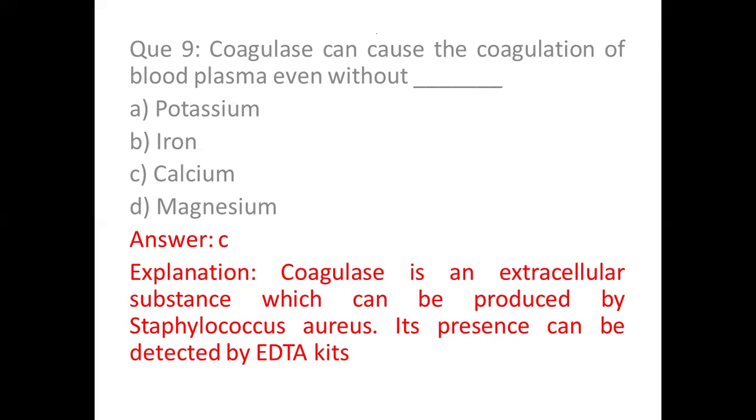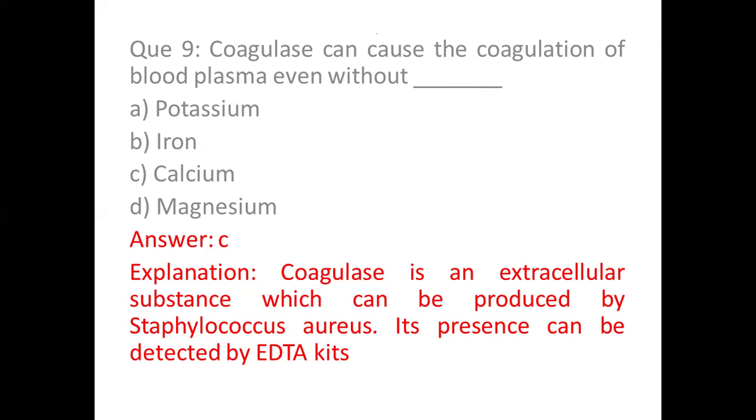What is the full form of EDTA? It is ethylenediaminetetraacetic acid. And what is it actually? EDTA is a polyprotic acid. It contains 4 carboxylic acid groups and 2 amine groups with lone pair electrons that chelate calcium and several other metals.